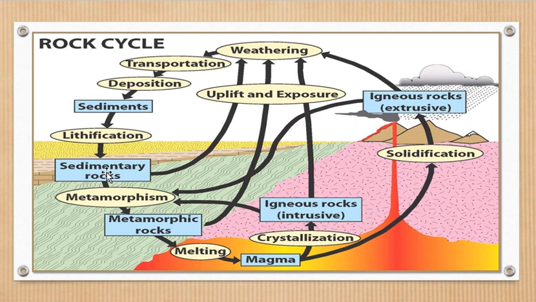And sedimentary rocks are formed by the process of lithification. The sediments are deposited, collected, compacted or glued together, and finally cemented together, forming these sedimentary rocks. So that is how rocks are formed, which we can see and explain in this diagram, the rock cycle.